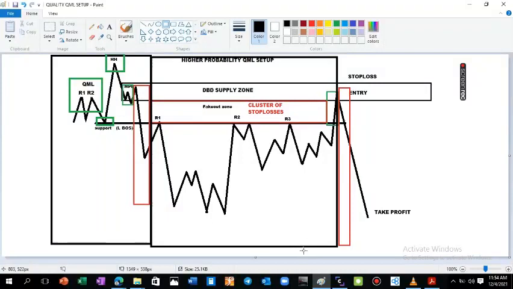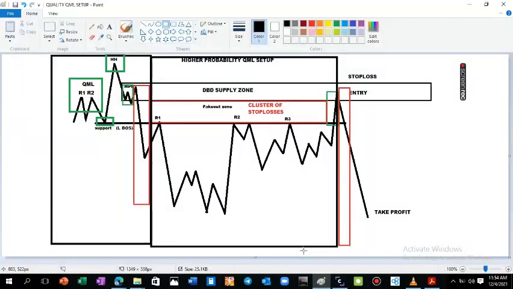But as smart money traders, we know that the more resistance there is, the higher the probability of that level being broken. The market is going to break that level because there'll be a lot of liquidity above it. So the market wants to take out that liquidity above the resistance, and then the market can drop.